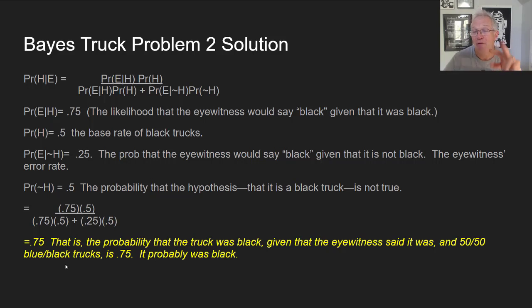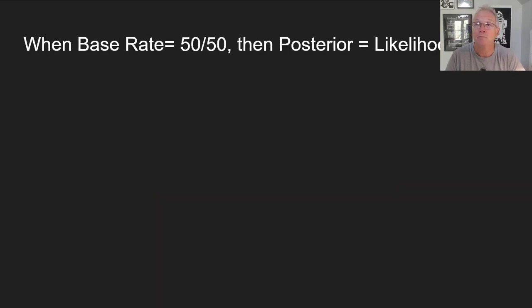So now with a 50-50 distribution, the posterior of the Bayes theorem comes out to be the same as the reliability of the eyewitness. That'll come up again in a second, so just think about that. Previously we went to 42 with the eyewitness making their observation. Now we've changed the base rate and the eyewitness makes their observation, and now we've gone to 75.